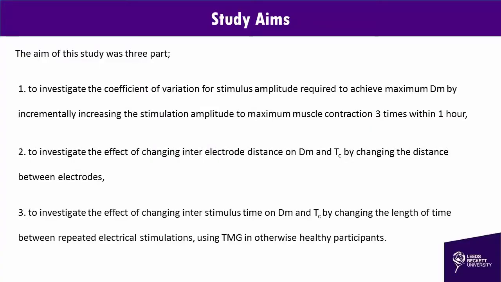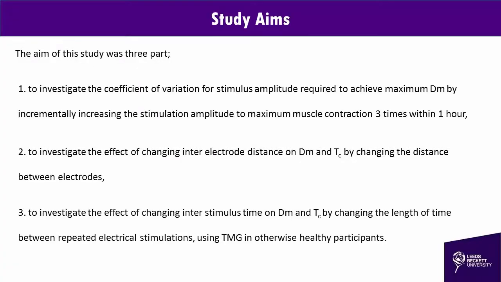So my research aim was three-part. First of all, I wanted to look at whether the amplitude required to achieve maximum contraction changed if I did this multiple times. In a lot of the intervention studies, you're looking at a baseline score, then you're giving an intervention, whether it's tape or running, and then you're going to measure afterwards as well, or during the intervention if you can do so.